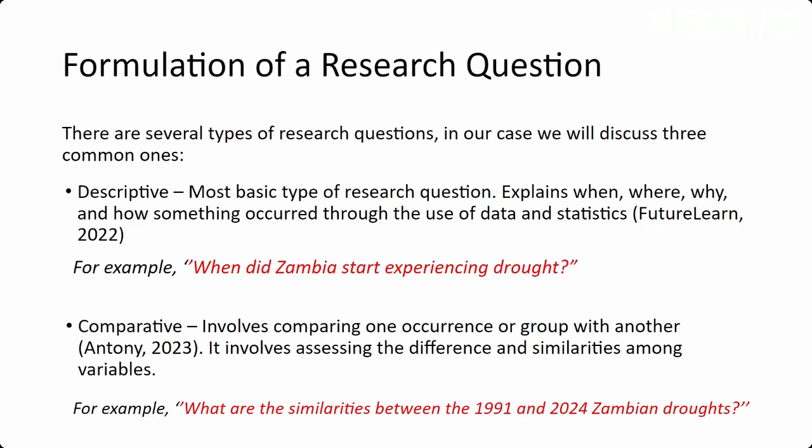You can still be analytical. That's the goodness of the comparative. You can compare the two variables and also be analytical, but you can also slip into answering it basically. So a researcher needs to be careful on how they formulate their research question.